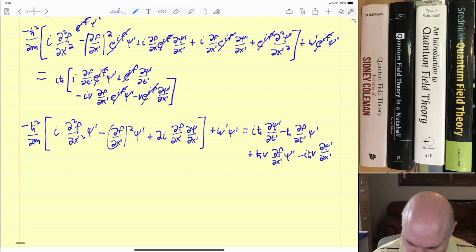And for some reason, I'm having trouble understanding why I should be able to cancel the... I want this term, this term, this term, this term.